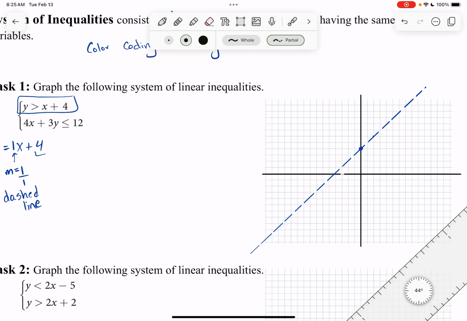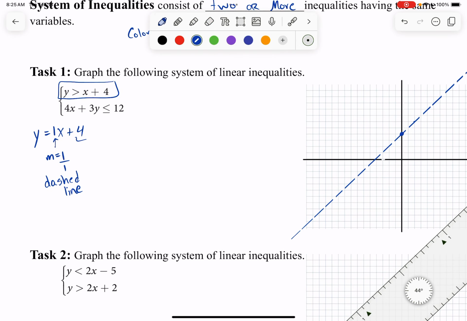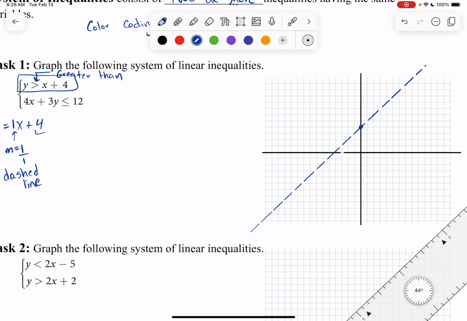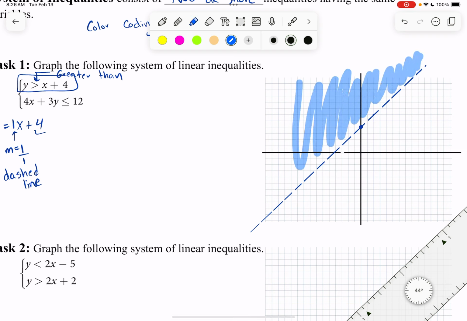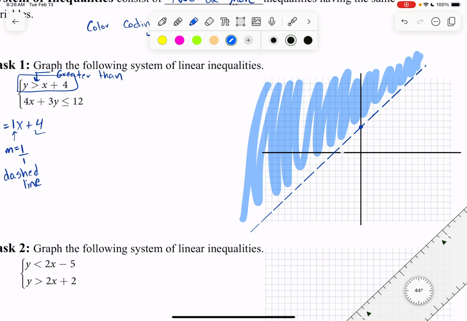Okay, so there's my dashed line. And I want all the y's that are greater than that line. Well, again, y goes up and down, so greater than would be above. So I want to shade above in blue. All of those points that are shaded in blue will work.